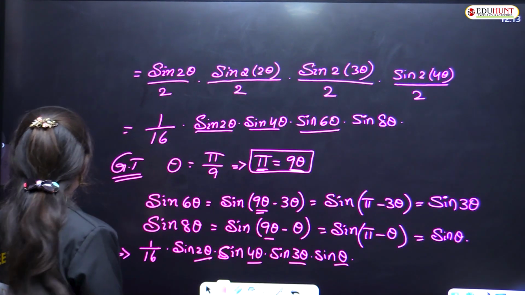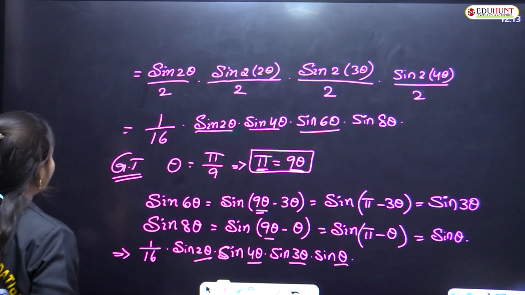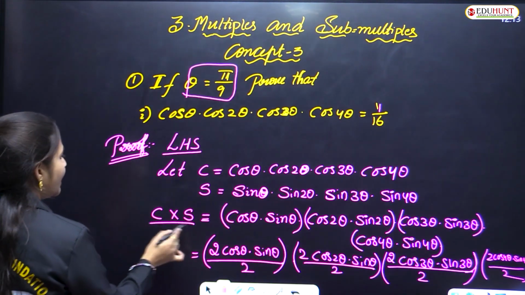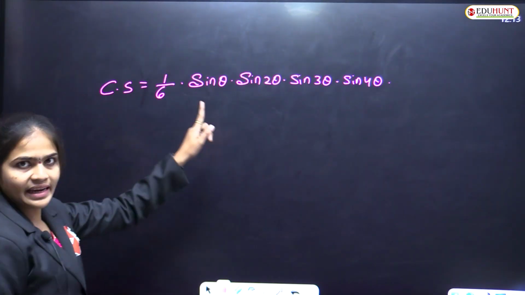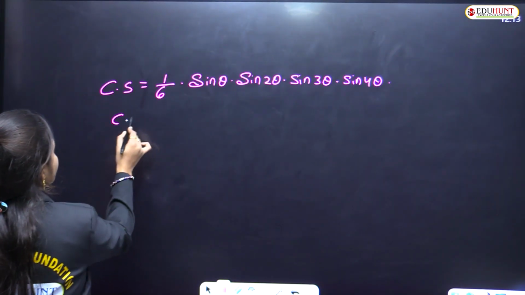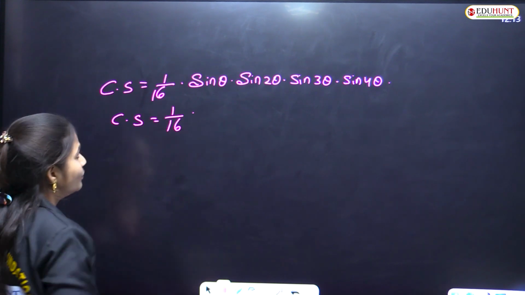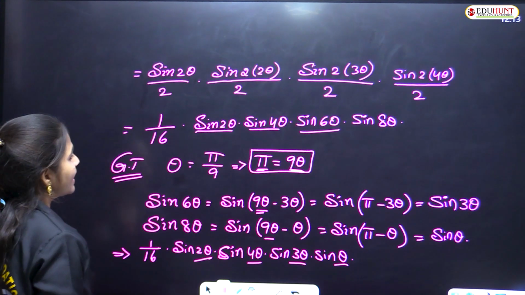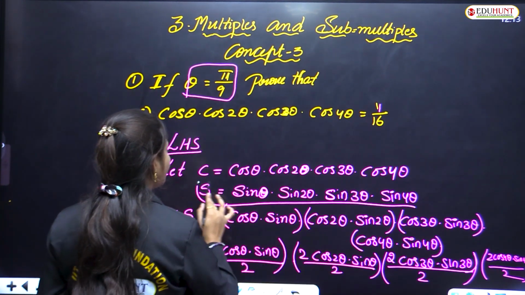Am I clear? So actually this is the value of C into S. At the starting we did this one. C into S value, this one we got it, right? So C into S is equal to 1 by 16 into sine theta, sine 2 theta, sine 3 theta, sine 4 theta.